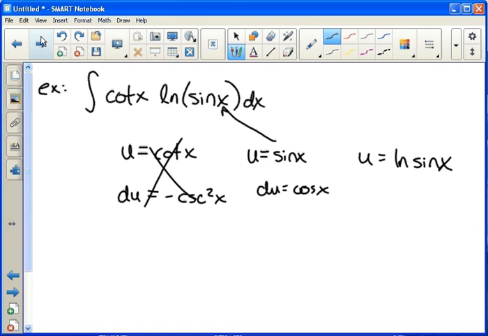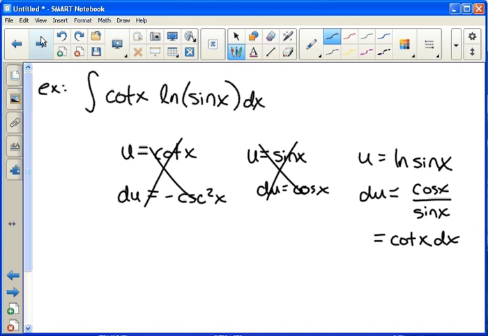We have natural log of sine x. Remember, the rule for natural log when you're taking the derivative is the derivative of the inside over the inside. And if you remember, cosine over sine is the same thing as cotangent x. Okay, now this looks promising, because if we take this, replace it with u, then that is a perfect match for our du.